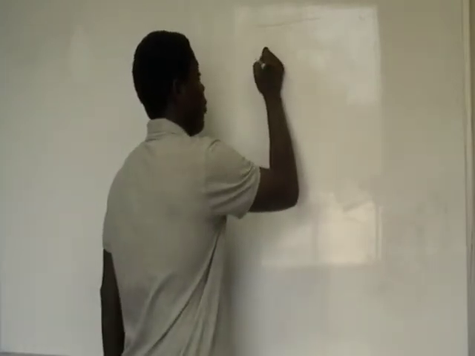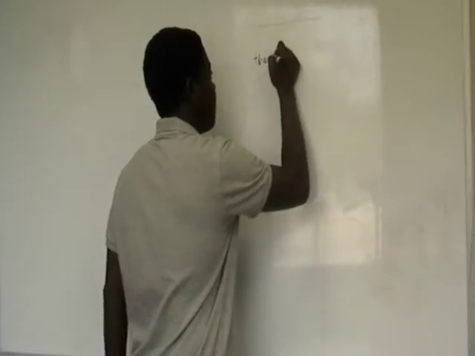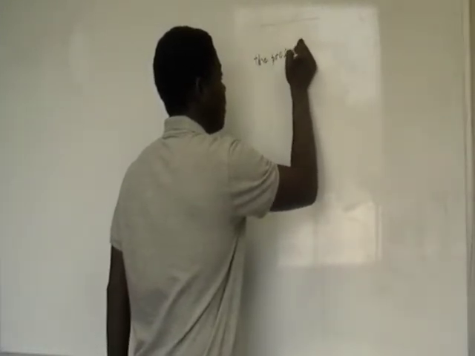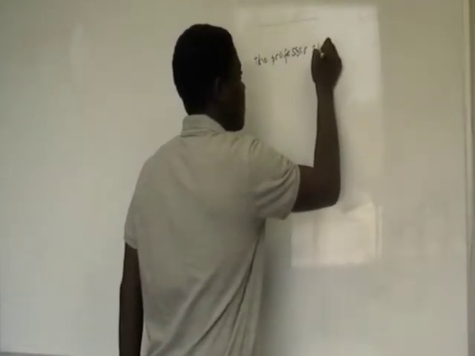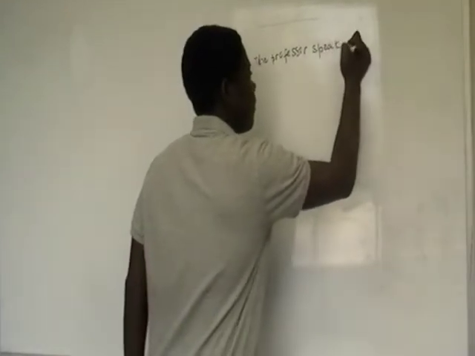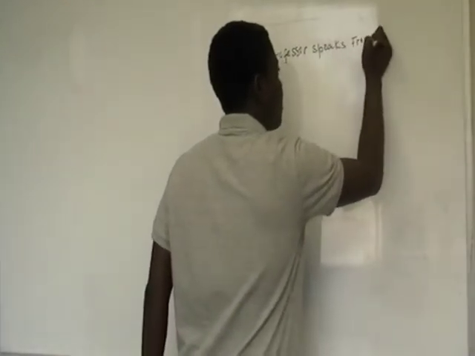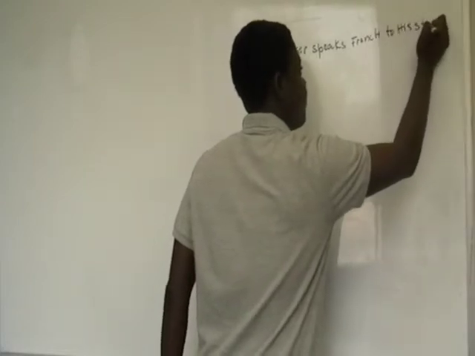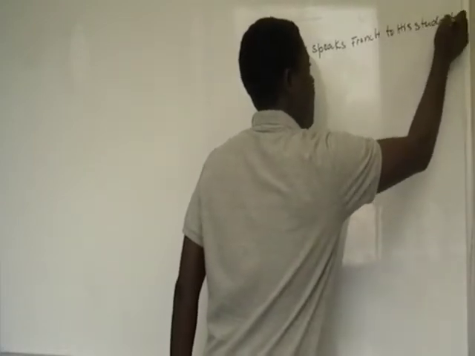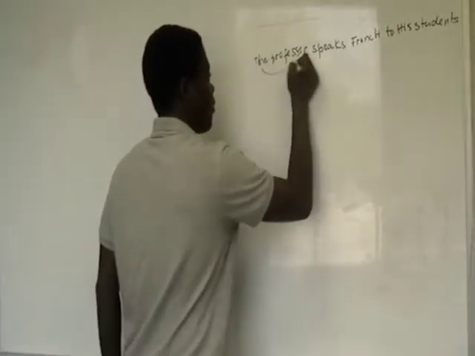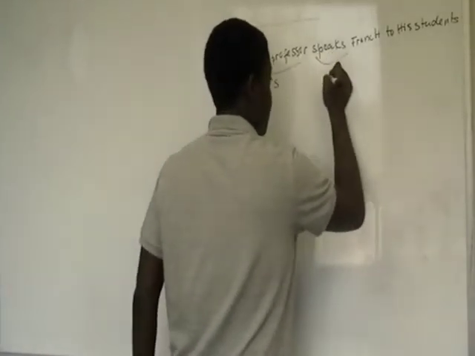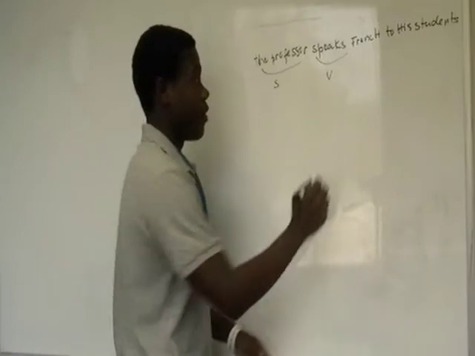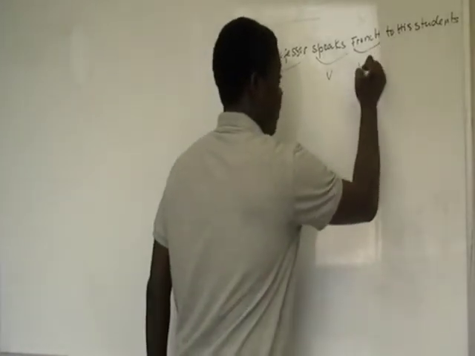Let's say the professor speaks French to his students. So the professor is our subject, speaks is our verb, and I hope that you guys recognize French, which is our direct object.